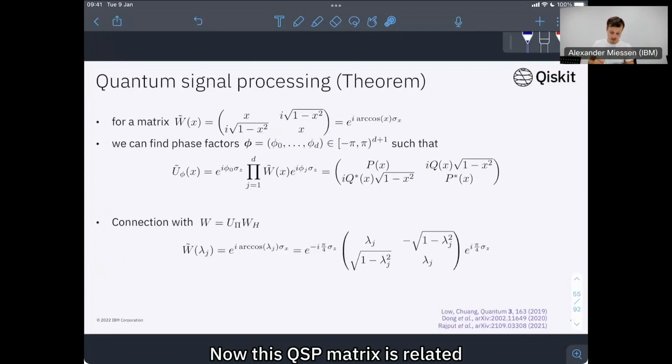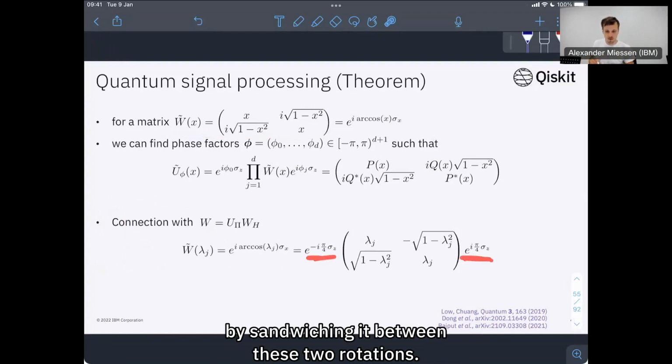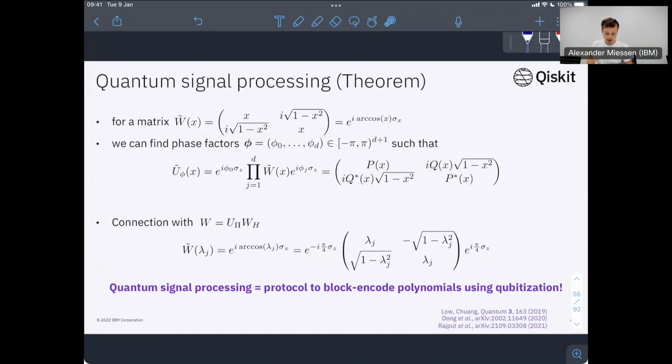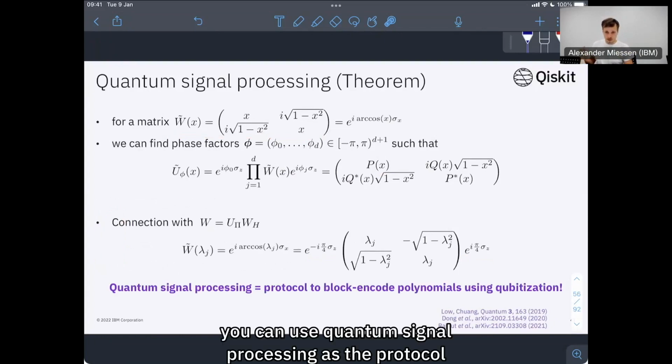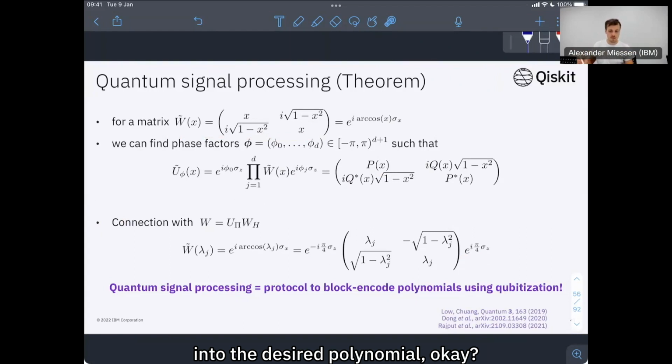Now, this QSP matrix is related to the block encoding I showed you before very easily by sandwiching it between these two rotations. Using this fact, you can use quantum signal processing as the protocol to transform the block encoding from qubitization into the desired polynomial, okay?